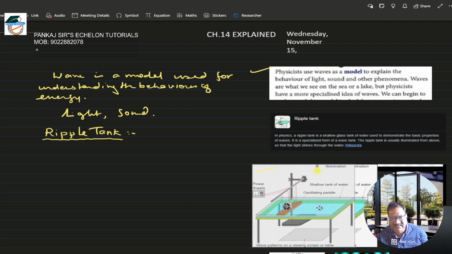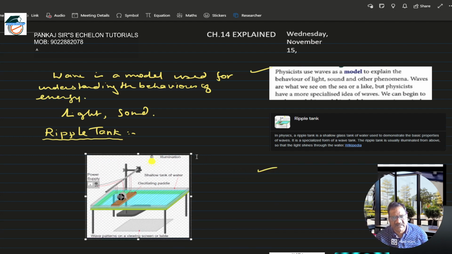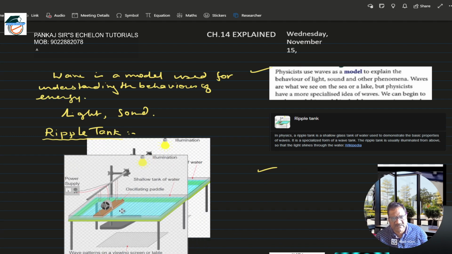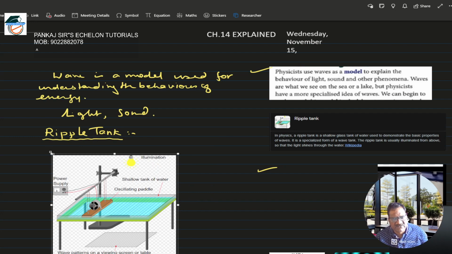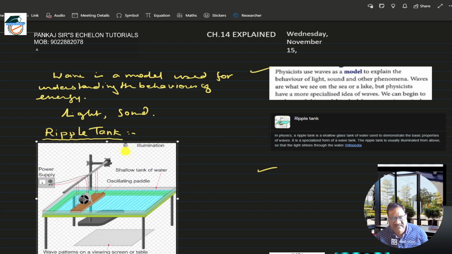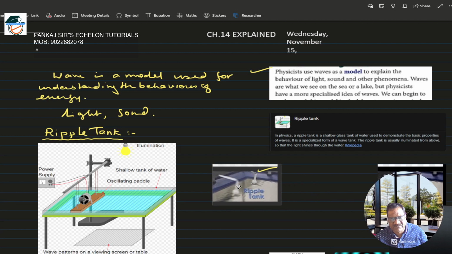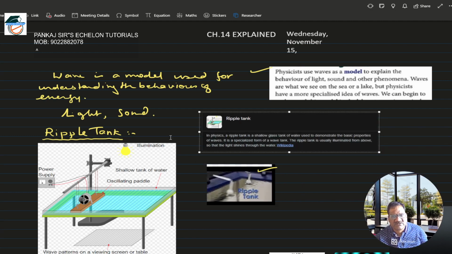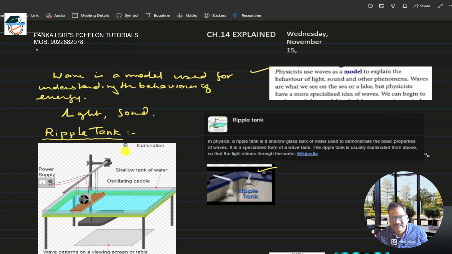Let me bring it to the center and make it slightly bigger. This is also something we are going to use. So first of all, what is a ripple tank? This clip is going to explain it.